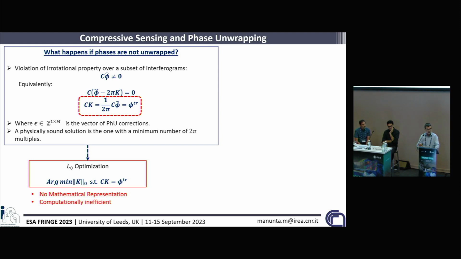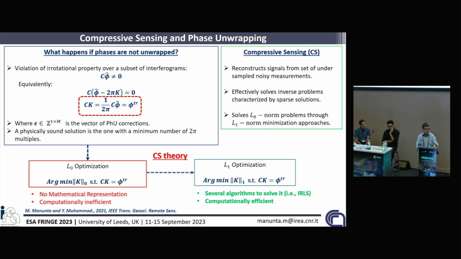So, if the number of 2 pi corrections is much smaller than the number of interferograms, and this hypothesis is satisfied, we can convert the zero norm optimization problem into an L1 optimization problem. We can solve L1 problems because we have several algorithms that are also computationally efficient. In our case, we use the iterative reweighted least squares approach.